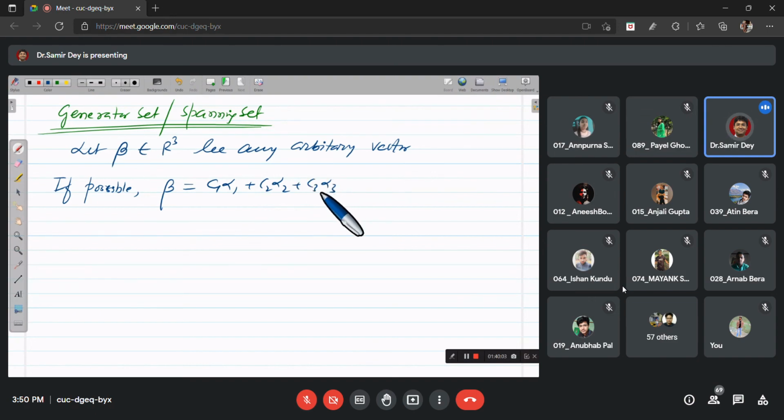Are you getting my point? Yes, sir. If it is possible to express, that means there may be a confusion between C1, C2, C3. So it will be better if we write like this: A alpha 1 plus B alpha 2 plus C alpha 3.